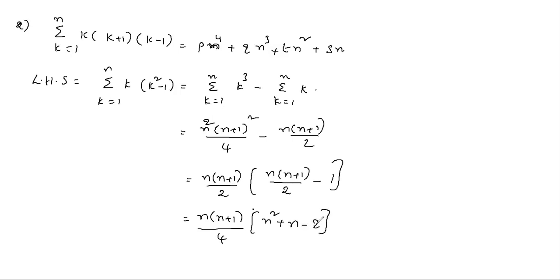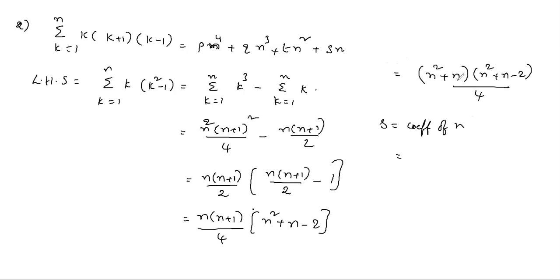So if you multiply fully, you have to write the coefficient of n. It is equal to (n square plus n) into (n square plus n minus 2) by 4. So S is nothing but the coefficient of n.